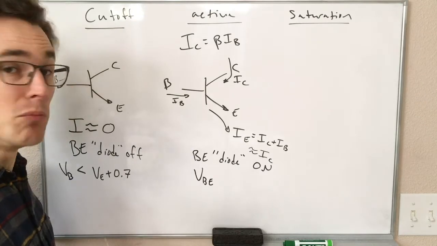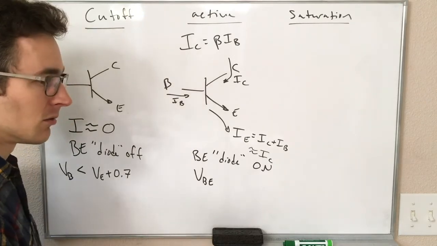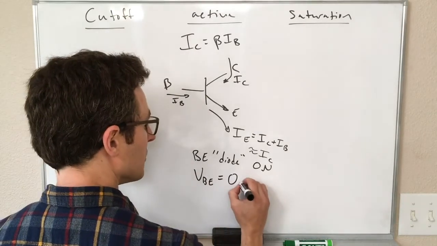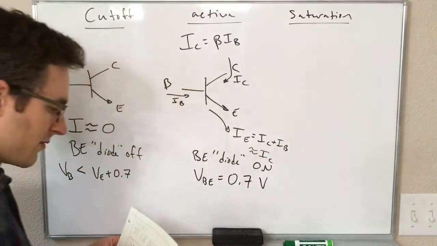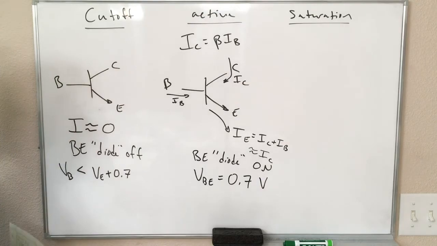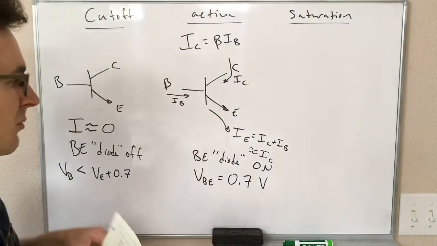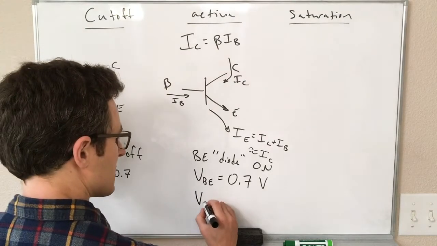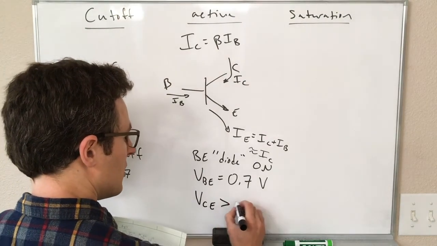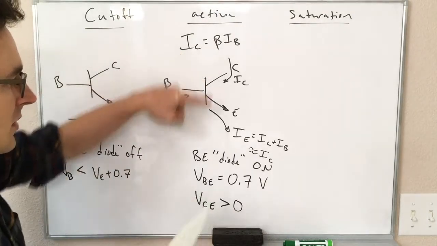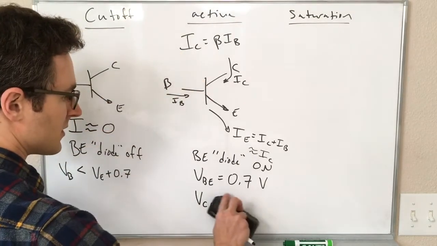It is going to be at most 0.7, like trying to put a voltage across a diode. So VBE equals 0.7 volts. If we want our current to be flowing in the collector and out the emitter, it also has to be the case that our collector emitter voltage is greater than 0. So in other words, V collector is greater than V emitter. Maybe I'll write it that way instead.